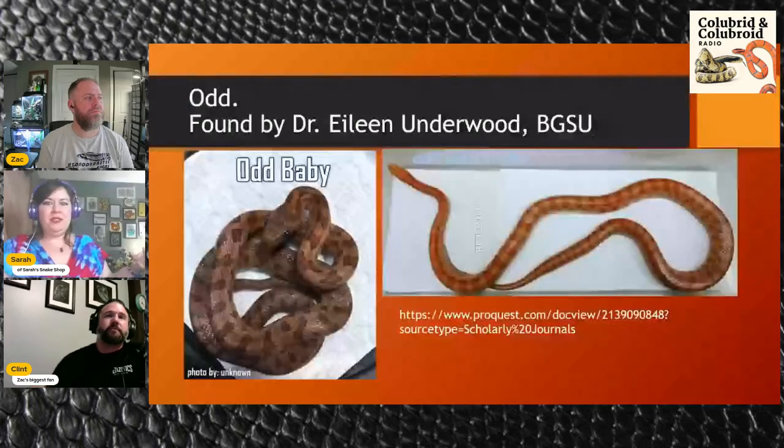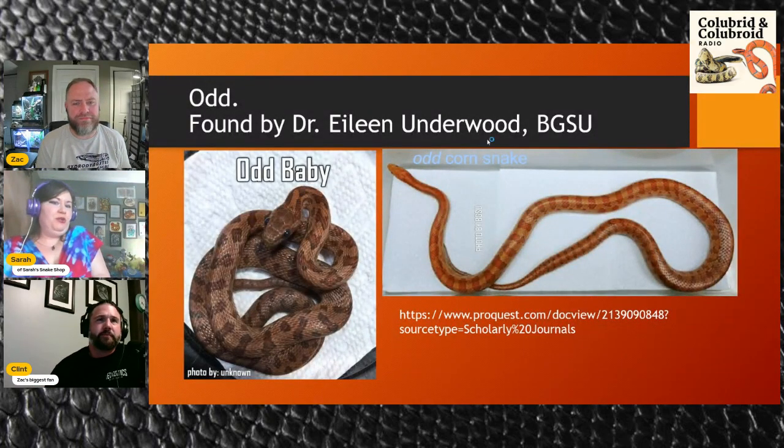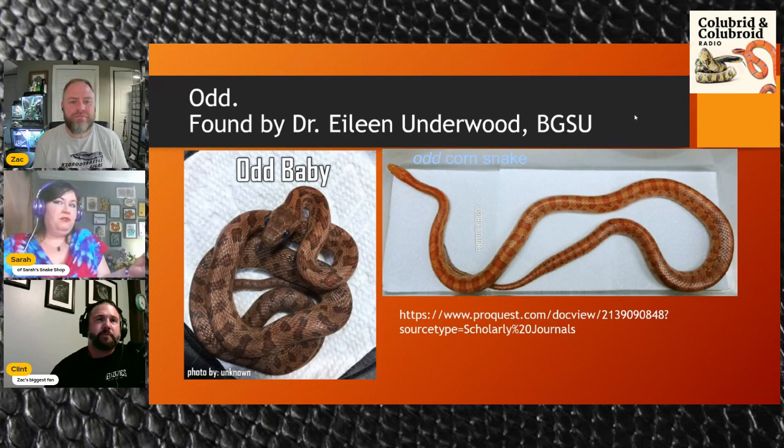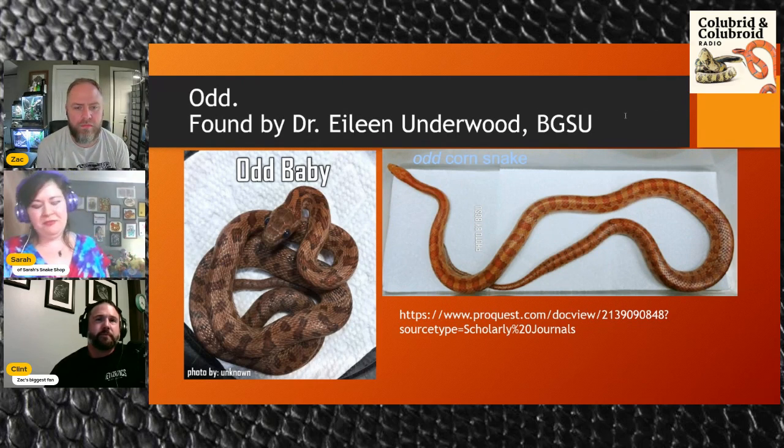So BGSU, who found this morph in their herpetarium, just started slowly, once in a while, releasing papers saying we found this mutation, but they weren't actually telling the corn snake community about it. The community itself didn't know about it very well.